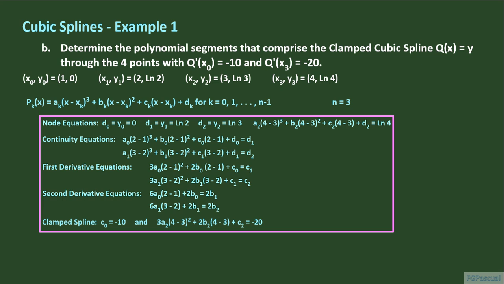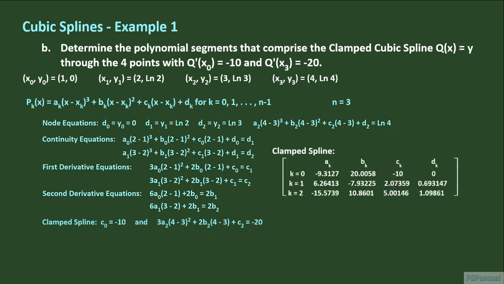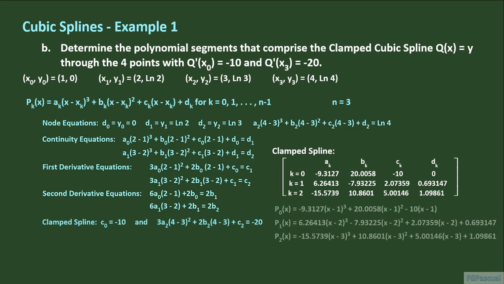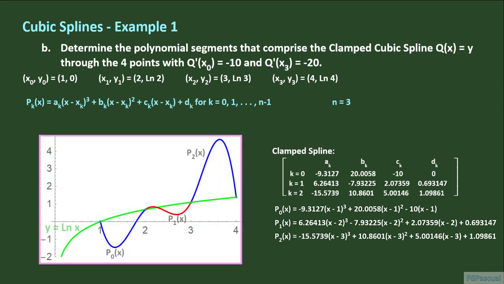We solve for the unknowns using computer software, and these are the values that we obtained for the different unknowns. And here are the formulations for the different polynomial segments. Here is the graph of the cubic spline curve along with the natural logarithm curve. We can see the obvious discrepancy between the two.